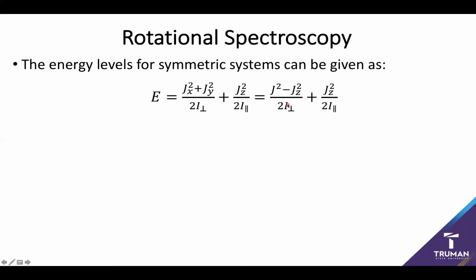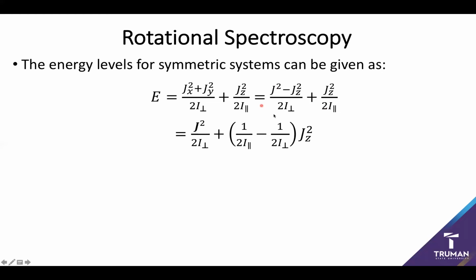But since not all of it has the same moment of inertia, I'm going to subtract out the z direction and add it back in with the correct moment of inertia. This is a classic substitution trick that physicists really love to make use of. And that's kind of, to an extent, how we can treat it.